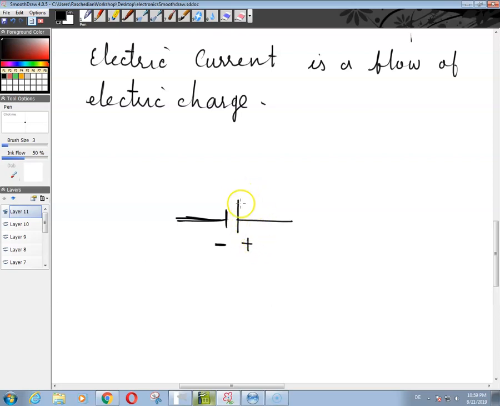Your battery does have these two poles because it is electrically charged, because you have most probably heard of the term charging a battery.